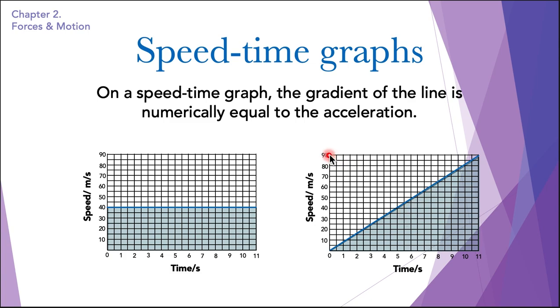And it can also show a uniform deceleration if the graph starts from here and ends here as a straight line. But if a speed time graph is curved, then the acceleration is not constant. It is not a uniform acceleration. So a curved speed time graph would be a non-uniform acceleration or deceleration. But in a speed time graph, if the graph is a horizontal line, it would mean that the speed is constant.